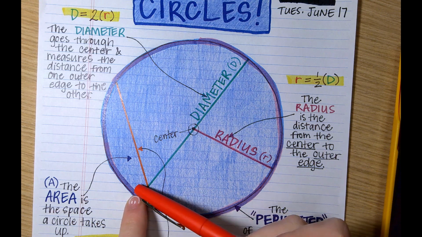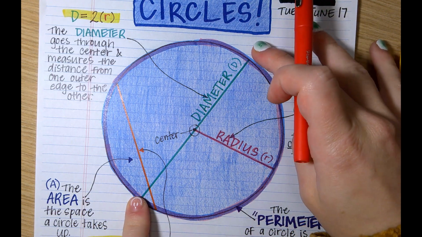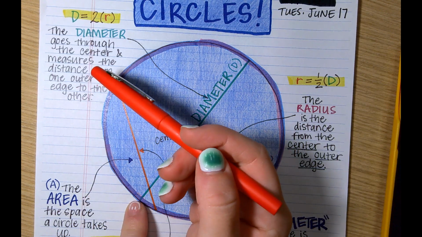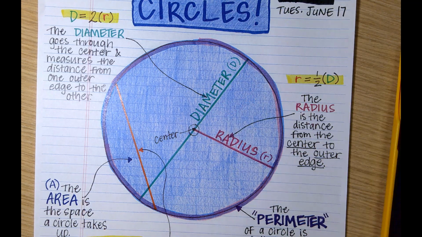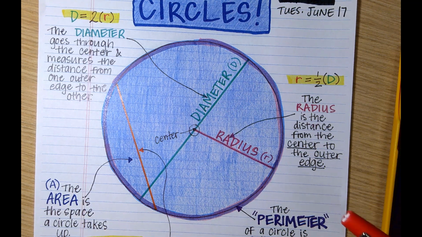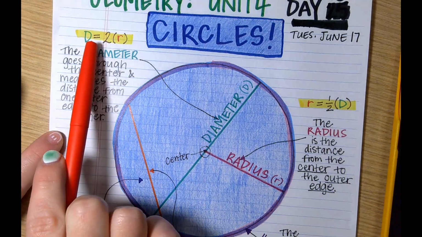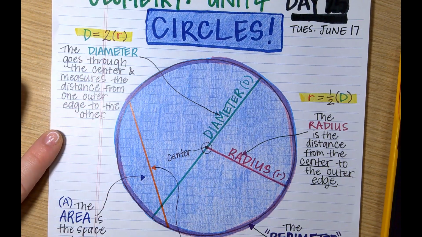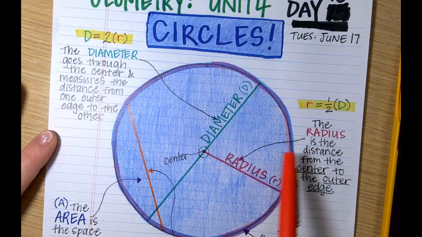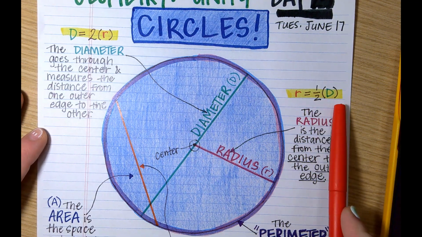So it just measures from one edge to the other, going through the middle. Now, the diameter and the radius, the way that they are related is that the diameter is 2 times the radius. So the radius is half the diameter.